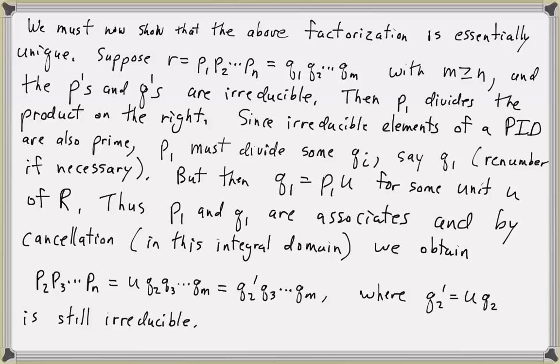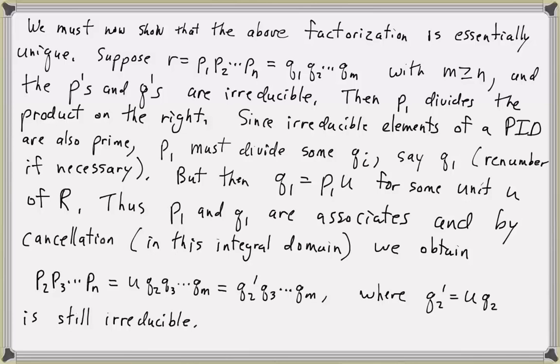And eventually, we're going to cancel all of the p's, and the only thing that would be left on the left-hand side would be 1. Well, we couldn't have any q's left over on the right-hand side because those are not units. And so you can't have a product of the q's equal to the unit, the identity 1, because otherwise the q's would be units as well. So that summarizes the last part of this theorem.